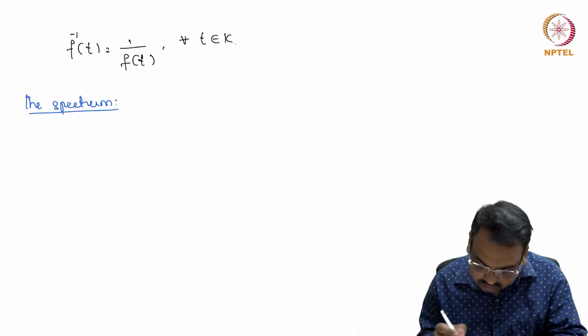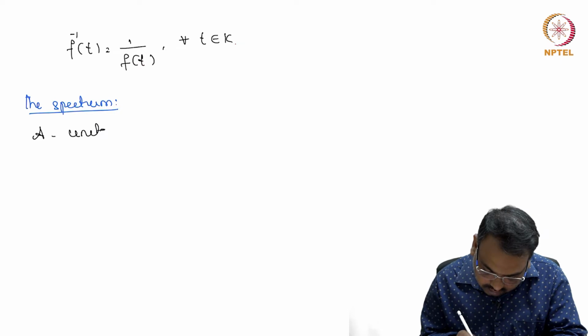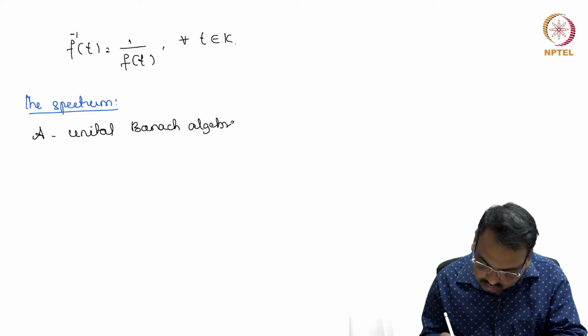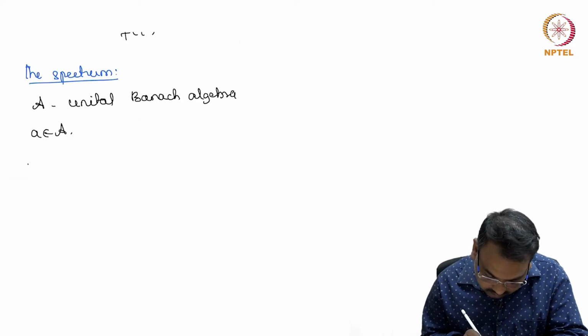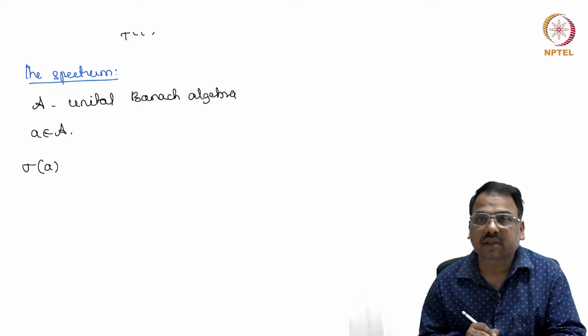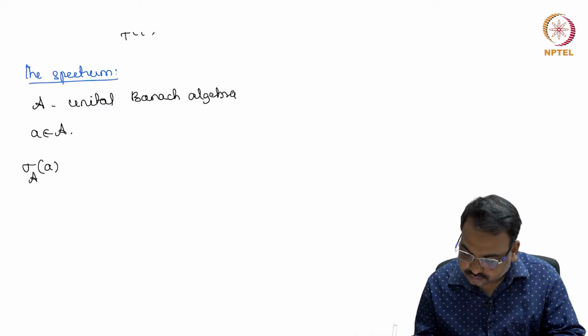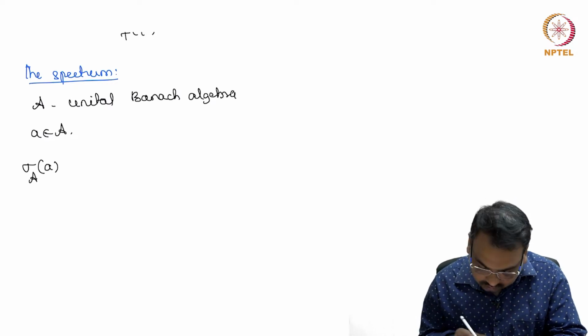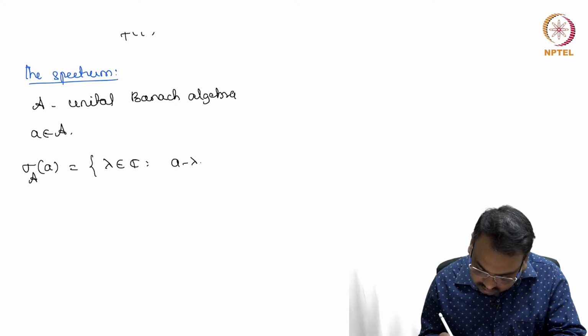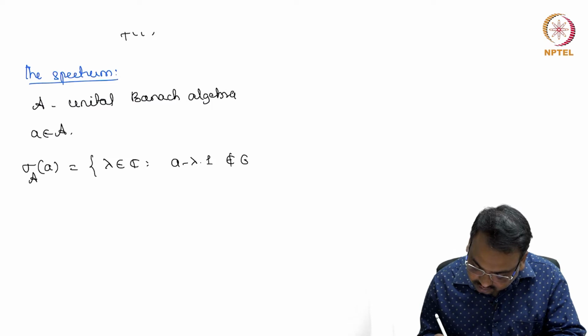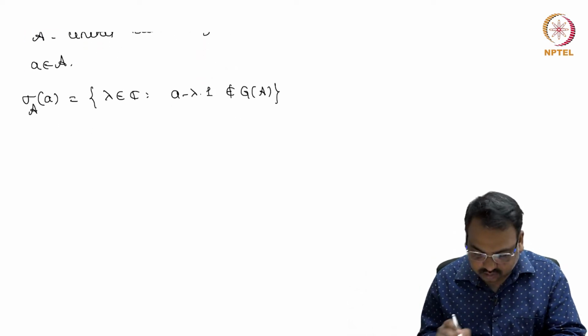So let us take A to be a unital Banach algebra, and a is an element of A. Then we define the spectrum of a, denoted by sigma_A(a), with respect to the algebra A, as the set of all lambda in C such that a minus lambda times 1 is not in G of A.